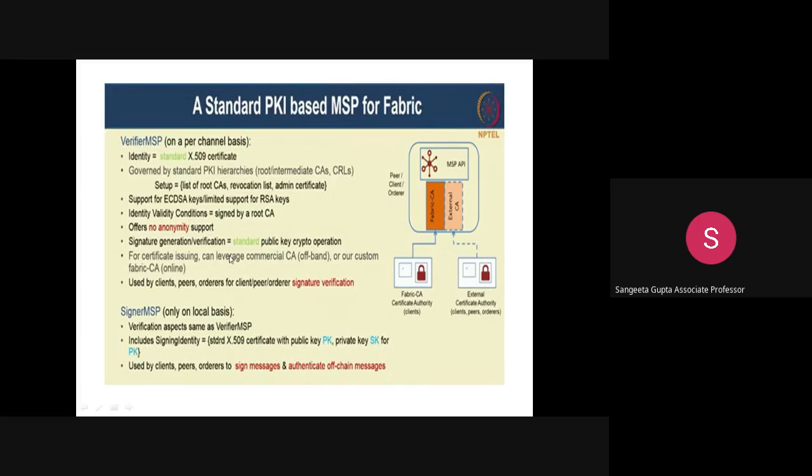Then, for generation or verification of signatures, standard public key crypto operations are used. RSA is a preferable one, so that can be used. And similarly, verification is run at various levels. So these are all the things associated with your verifier MSP. The certification authority must comply with X.509 certificates only, and based on the hierarchies, the roles will be assigned.